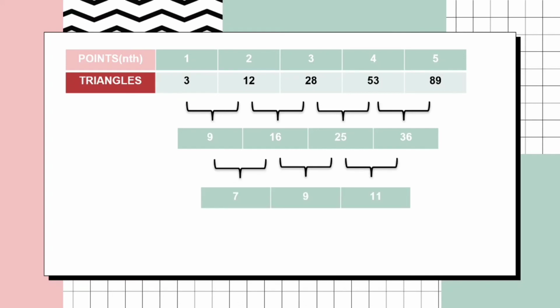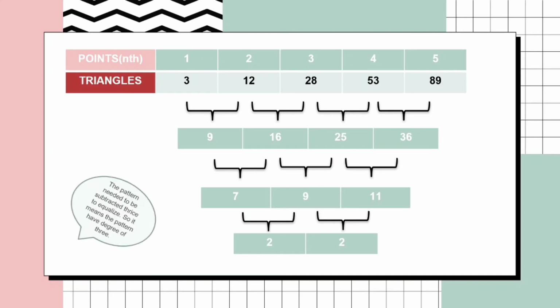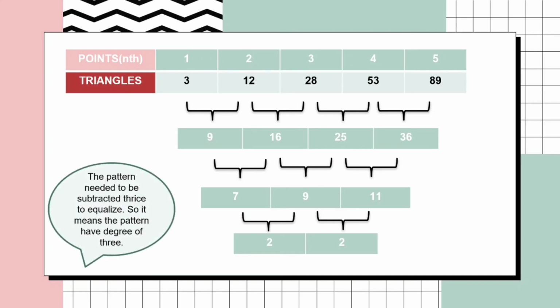So 16 minus 9 is 7, 25 minus 16 is 9, 36 minus 25 is 11. So we need to subtract again. So 9 minus 7 is 2, and 11 minus 9 is 2. So the pattern needed to be subtracted thrice to equalize. So it means the pattern had a degree of 3.